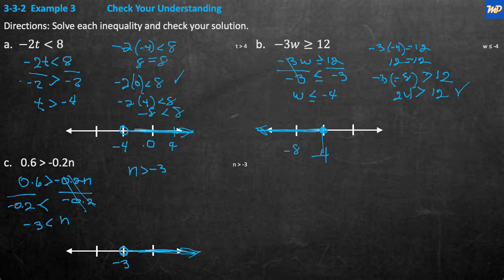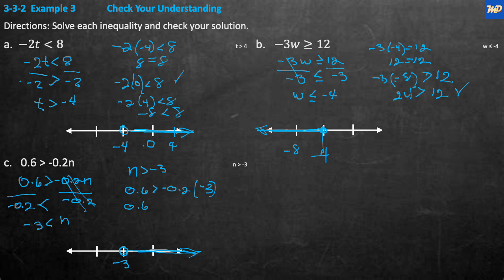So we have 0.6 greater than negative 0.2 times negative 3. When we solve this, the negatives cancel, so it's positive 0.6.